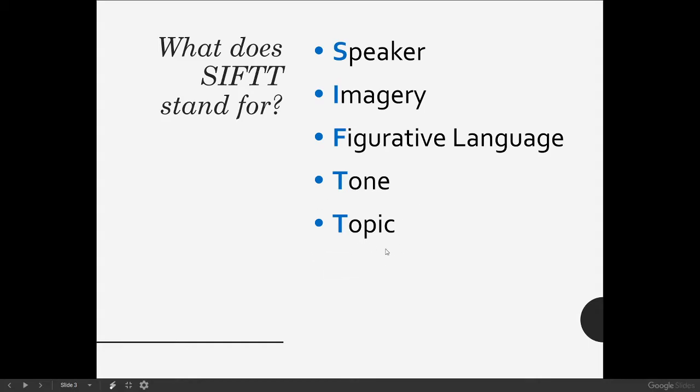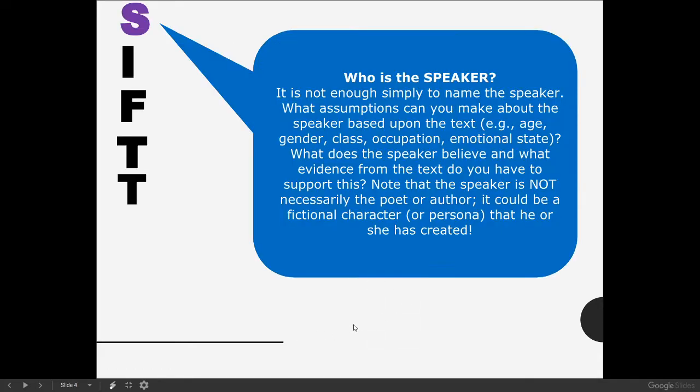Now, I'll be honest with you, with this last word, topic, I use it interchangeably with theme. I might ask you for a theme, or I might ask you for a topic. And it's really important that you know the difference between the two, which we'll talk about in this lesson. So S stands for speaker. When we're reading poetry, it's really important that we consider who the speaker of the poem is.